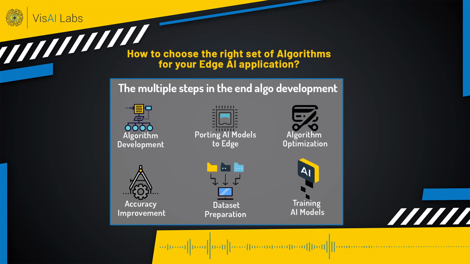A dataset needs to be collected from a particular customer, or in case of freely available datasets, the dataset needs to be cleaned up, annotated, and separated into a training set and a test set.